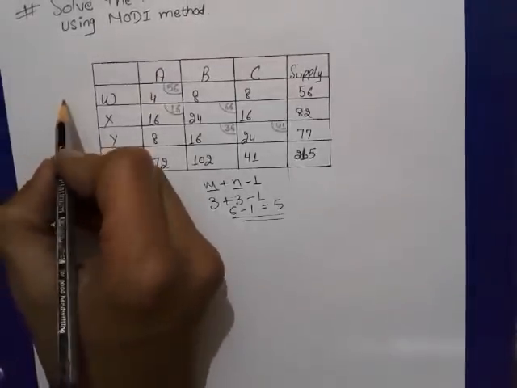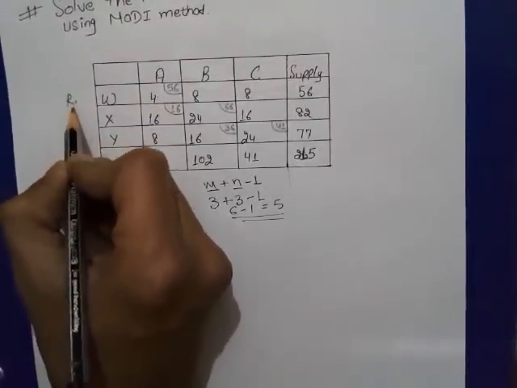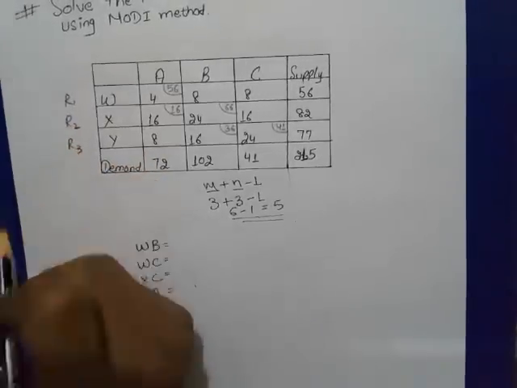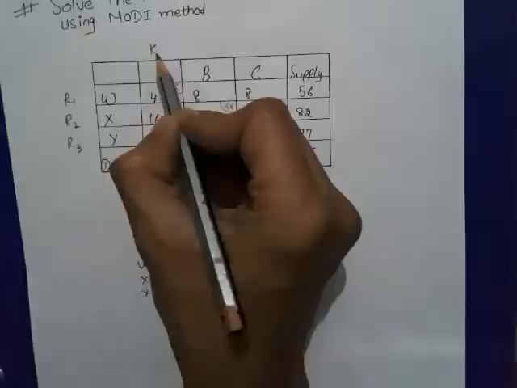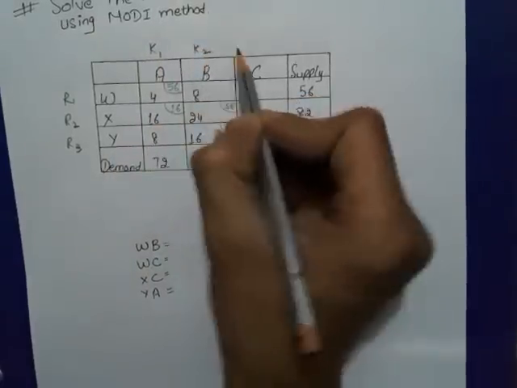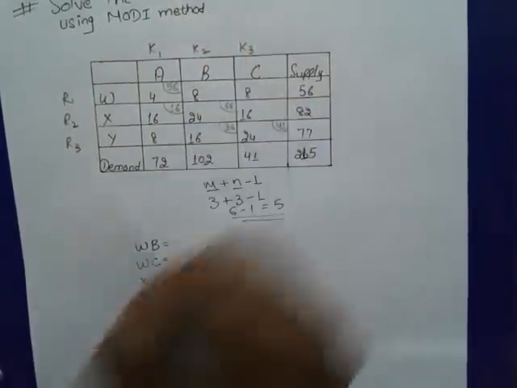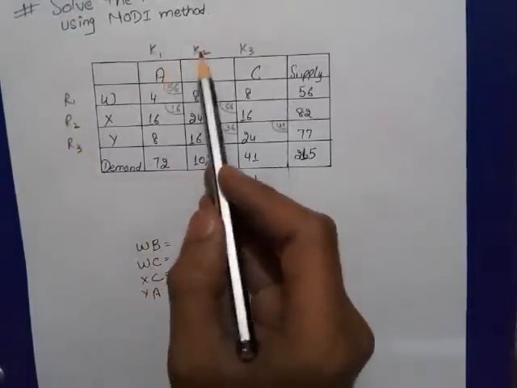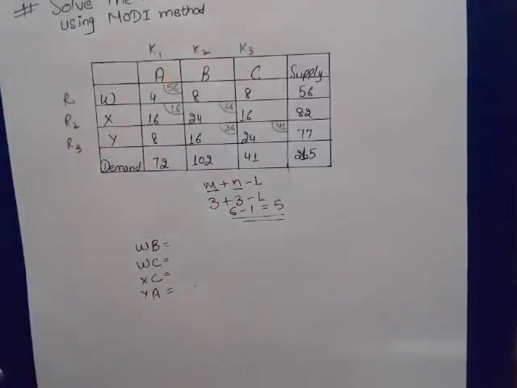Here we are going to write R1, R2 and R3, K1, K2 and K3. The values of all these are unknown till now.